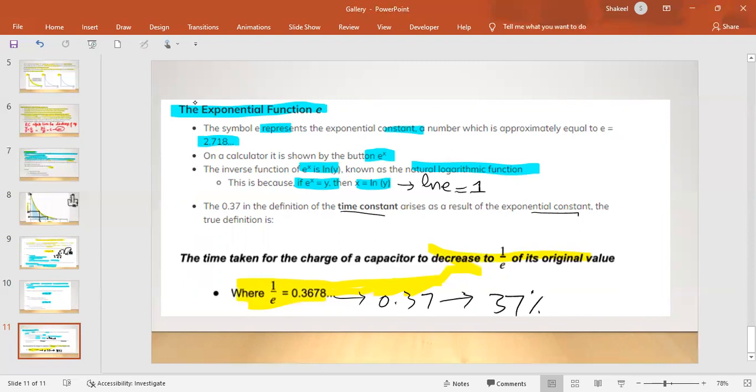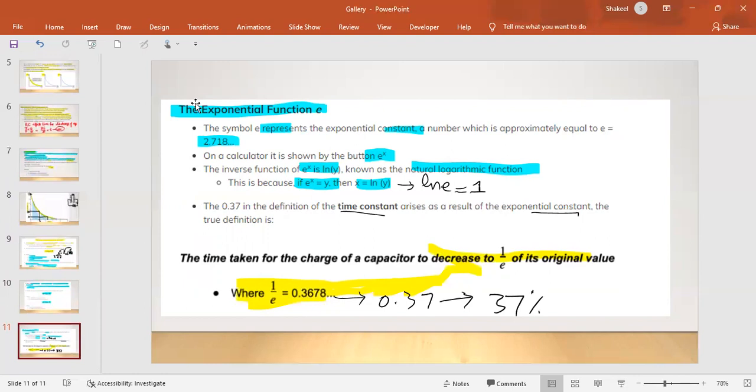So we say that the time constant is the time taken for a capacitor to discharge to 37% of its original value. It means it's also the time taken by the capacitor to discharge by 63%.